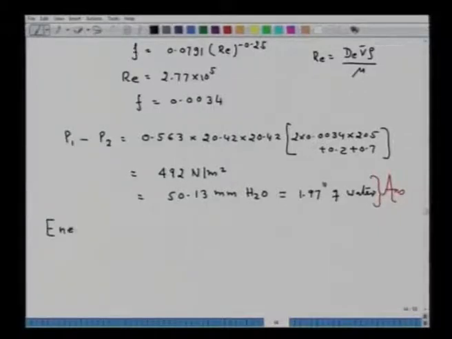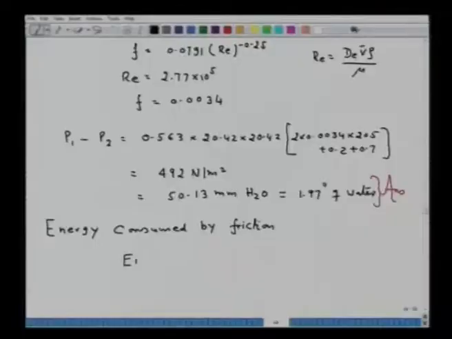Energy consumed by friction. This you can calculate yourself, because in the mechanical energy balance, F is per unit of mass. So, if you multiply the value of F with the mass, you will directly get the energy consumed by the friction, and if I do that, then EF will be equal to 7.23 kilowatt.